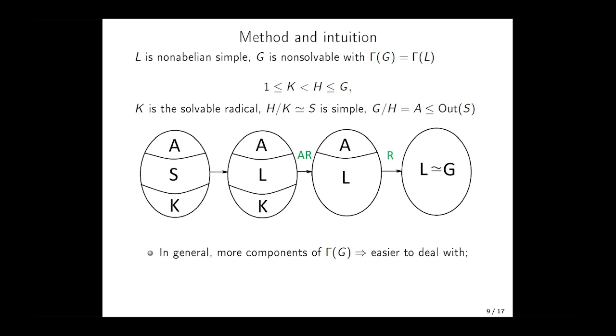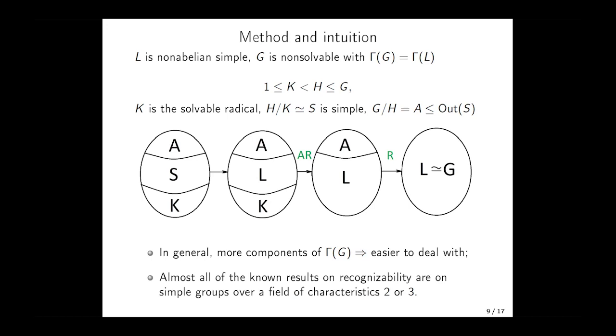I've heard a lot of talks on recognition of groups by Gruenberg-Kegel graphs, and a lot of results were presented, but I don't remember emphasizing the following. Almost all of the known results on recognizability are on simple groups over a field of characteristic 2 or 3.